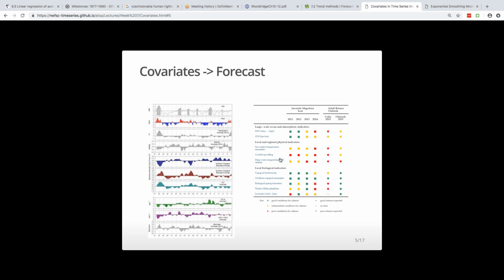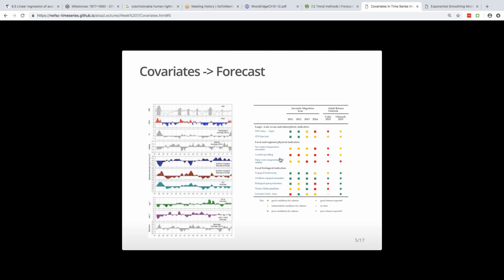So if you're looking at something that's hauling out, say seals or sea lions, your tide would affect your sightability. And so you could definitely get some autocorrelation in your observation errors.